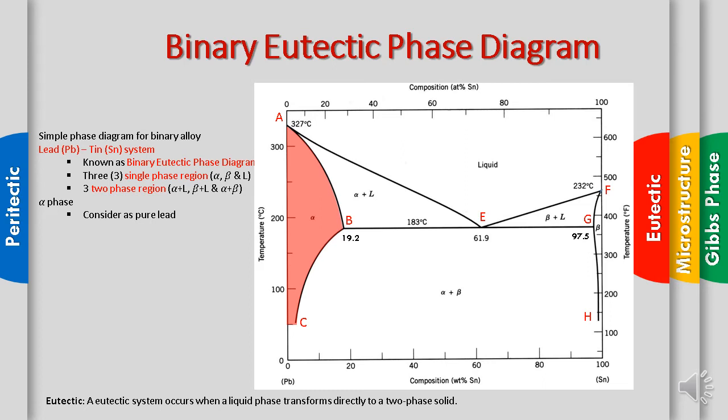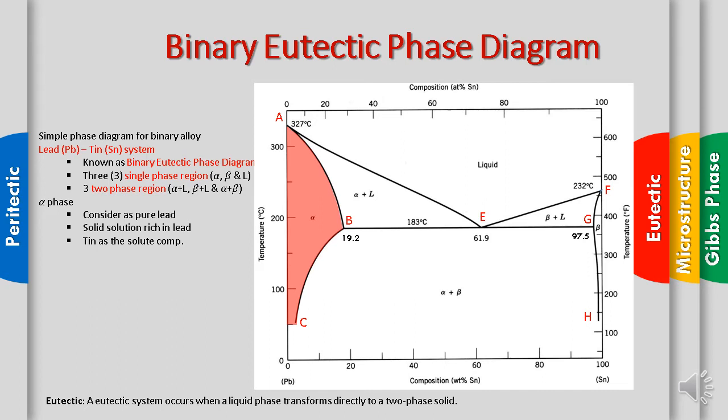Okay, the alpha phase we consider as pure lead. In here there is 100% pure lead, and then a solid solution rich in lead, and then tin as the solute.